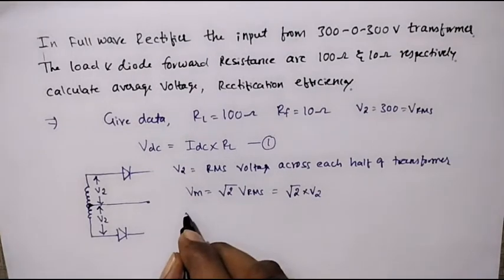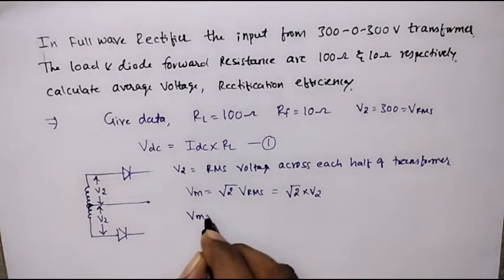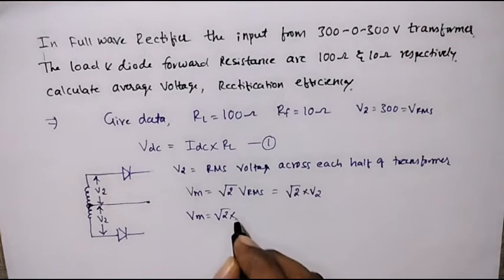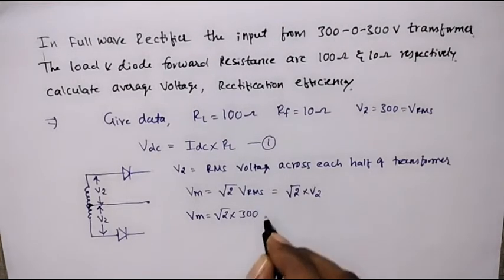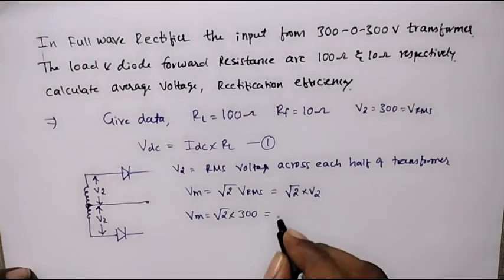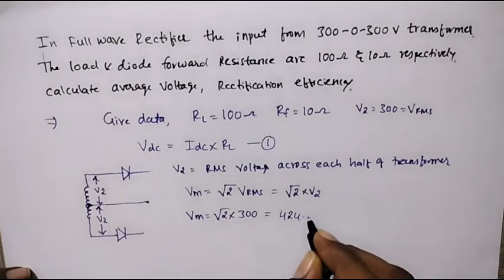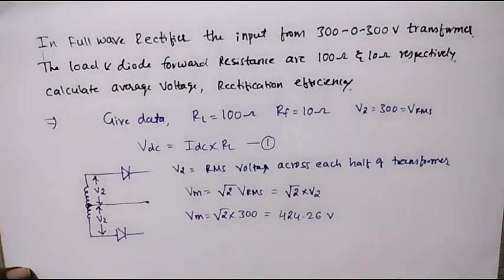So Vm is equal to root 2 into 300, which gives 424.26 volts.